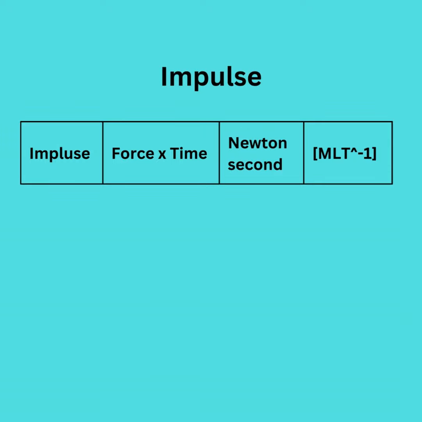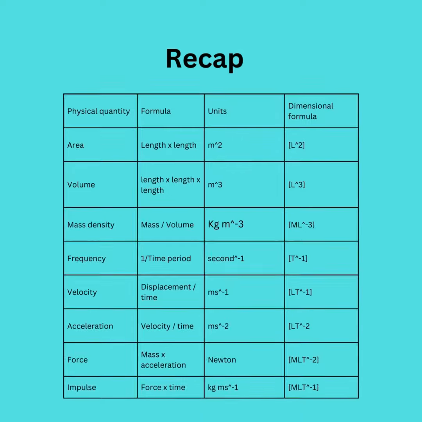I hope all of you understand area, volume, density, frequency, velocity, acceleration, force and impulse, their formulae and their dimensions. Like this there are so many physical quantities, and we have to know their dimensions to do more numericals in our physics. Thank you.